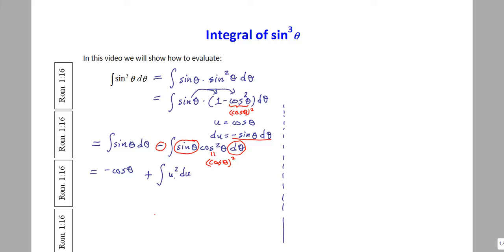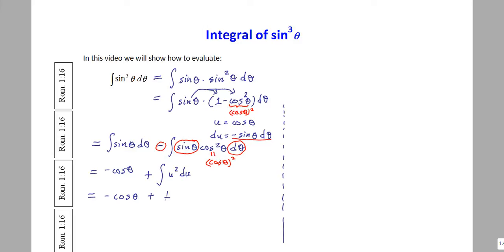Did you see how easy that was? And so, well, we're basically home at this point. That's a very simple integral to do. So we have from the first integral minus cos theta plus u, the integral of u squared du is a third of u cubed.